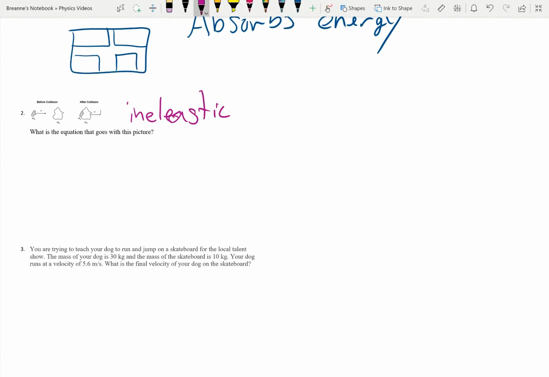So the main equation you're going to be dealing with is M1 VI1 plus M2 VI2 equals M1 plus M2 V final.